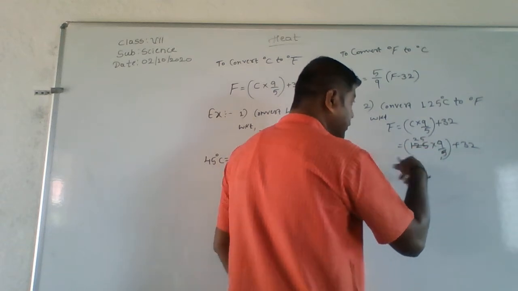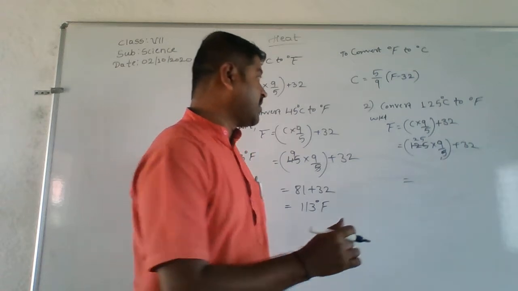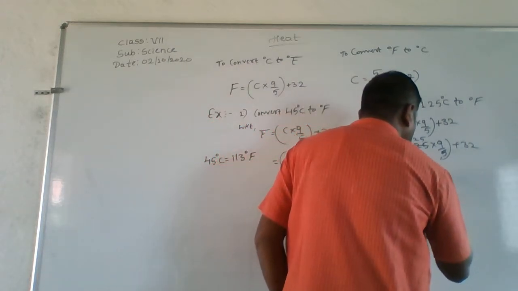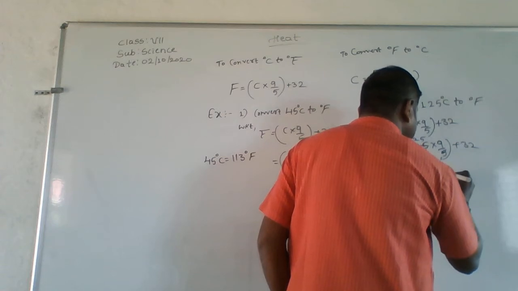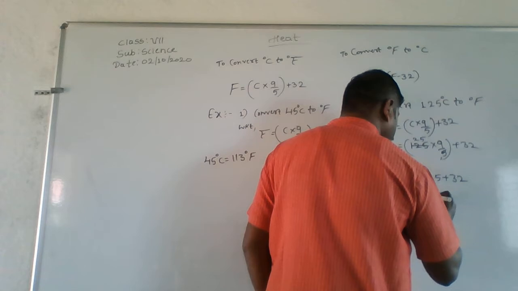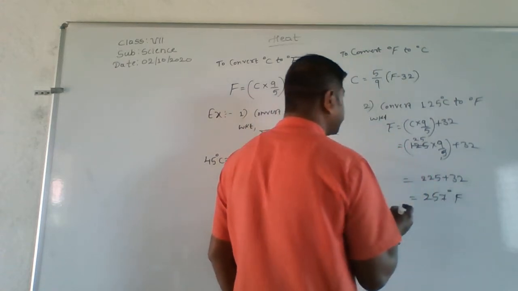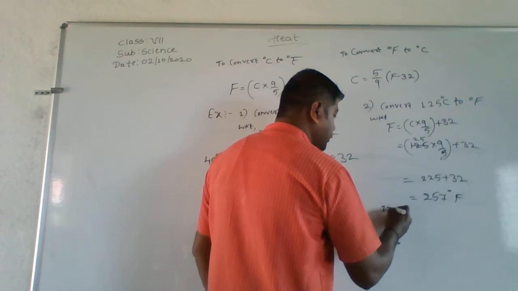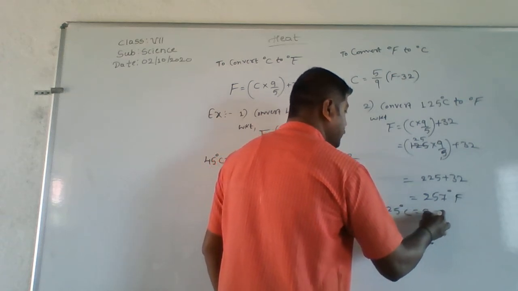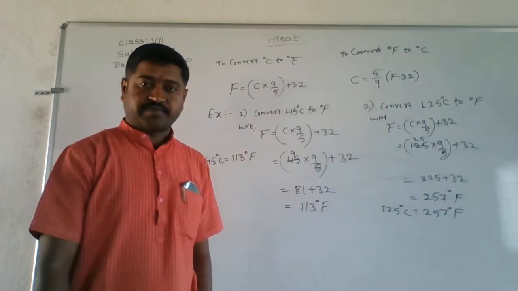That is 25 into 9. How much? It is 225 plus the remaining 32. We will get 5 plus 2, 7; 2 plus 3, 5; and this 2. So this is Fahrenheit. It means this 125 degrees Celsius is equal to 257 degrees Fahrenheit.